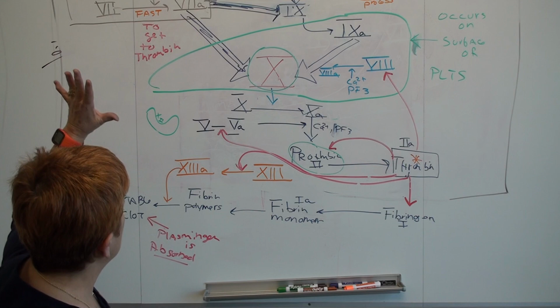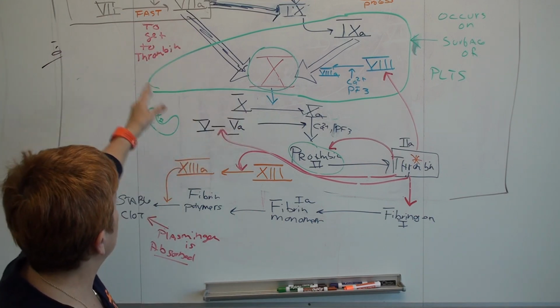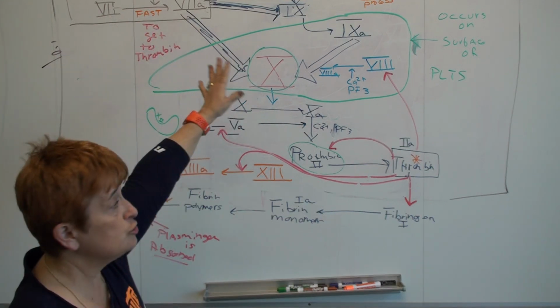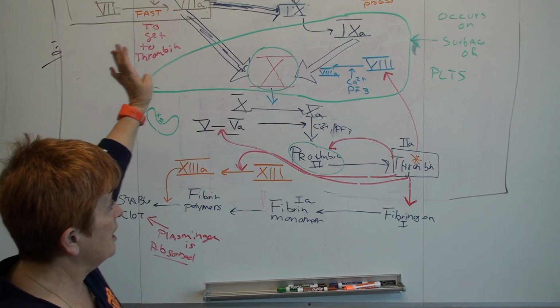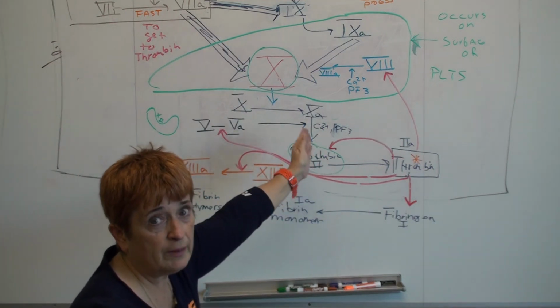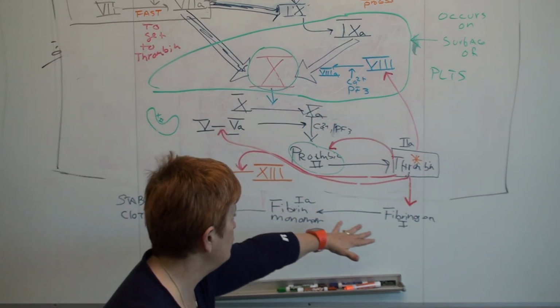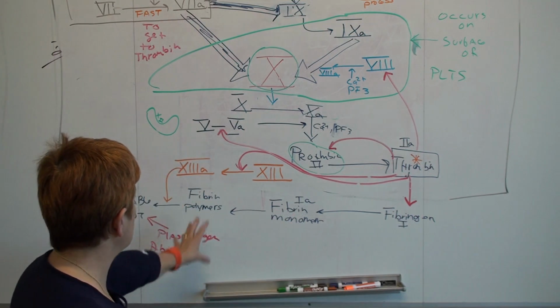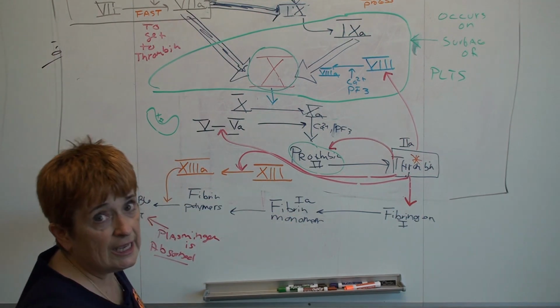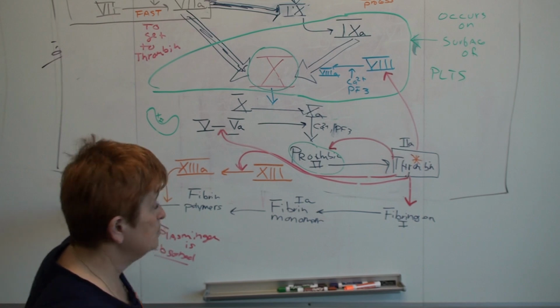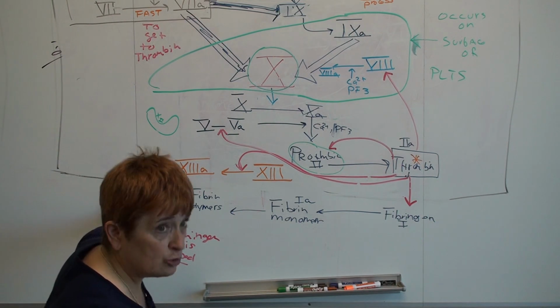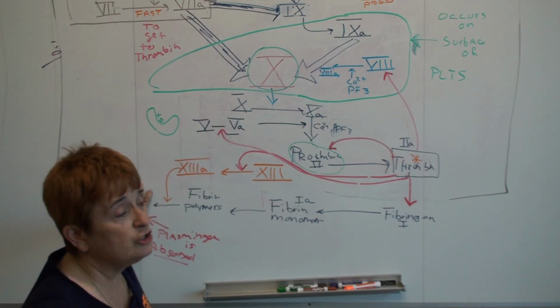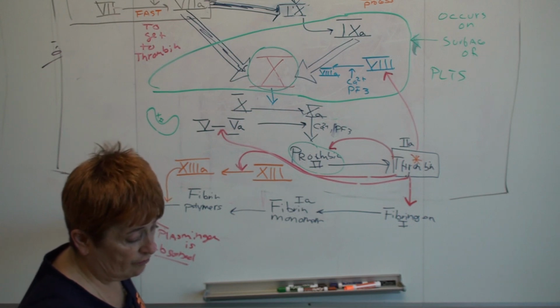So we've got 3 pathways, extrinsic, intrinsic, common, that lead to thrombin. Thrombin makes the fibrinogen. Fibrinogen makes the fibrin monomers to a stabilized clot. The stabilized clot is absorbing into it plasminogen in order for it to begin to dissolve.